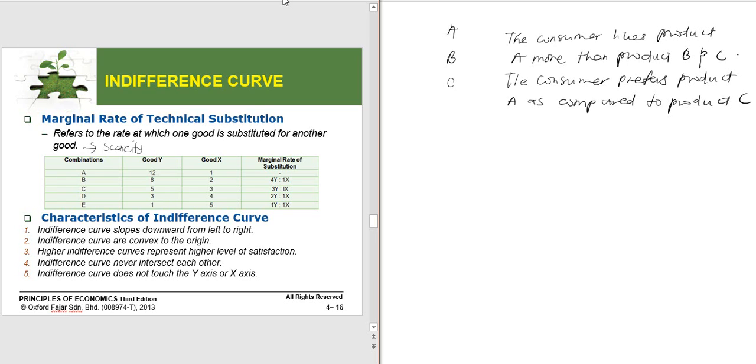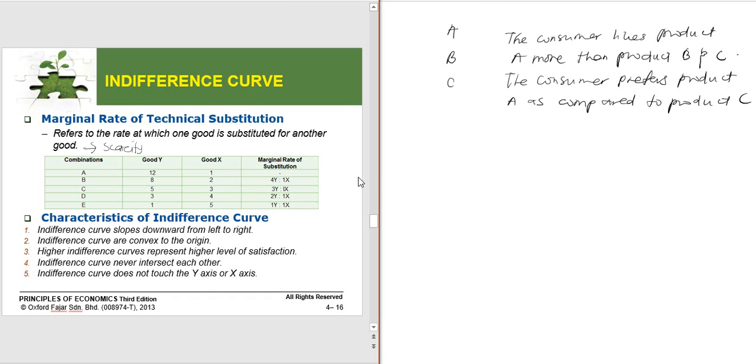You learned from topic 1 that because of scarcity, you have to make a choice between two different products, whether to consume more of product A or more of product B. If you want to consume more of product A, you have to reduce product B. That is your opportunity cost: how much of product B you have to reduce in order to consume more of product A. So the same concept you can apply here, except that now we are calculating.